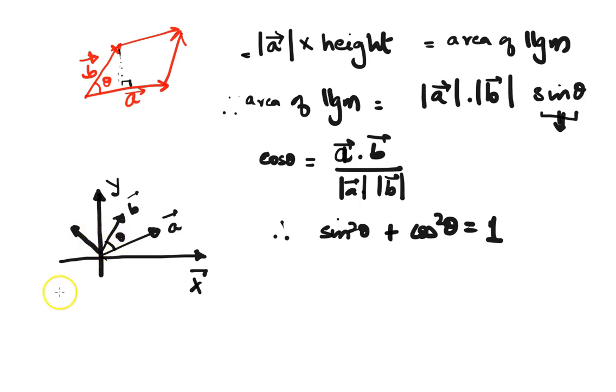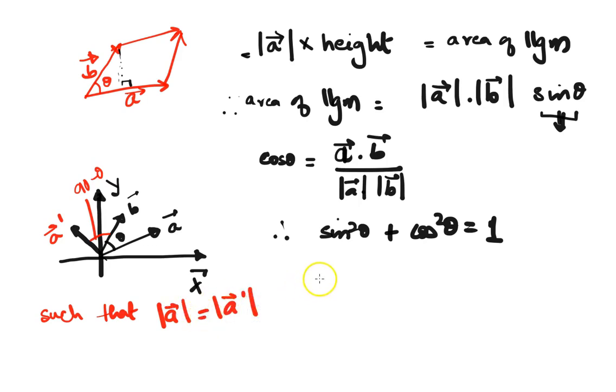If I draw a 90-degree angle, then this angle is 90 minus theta. This is A prime, such that mod of A is equal to mod of A prime.